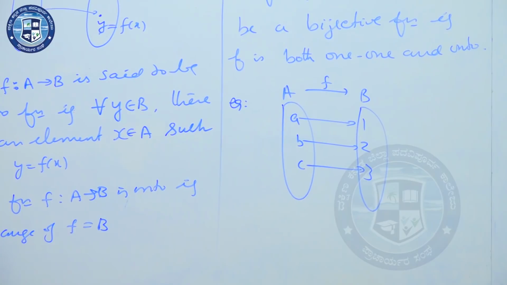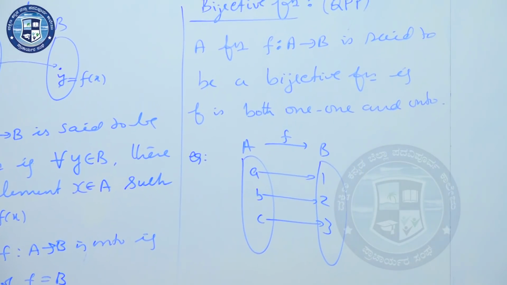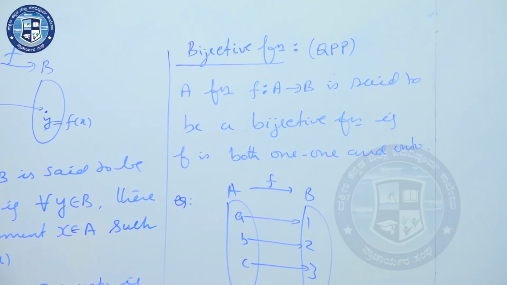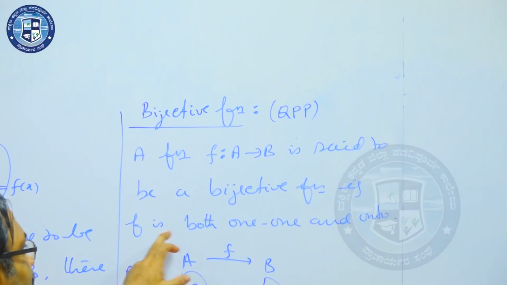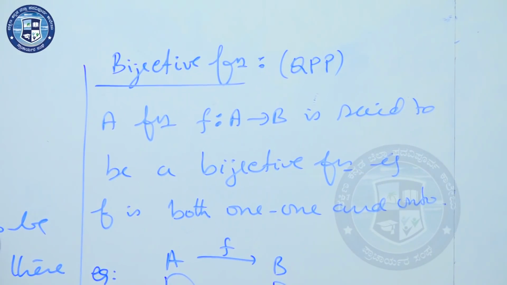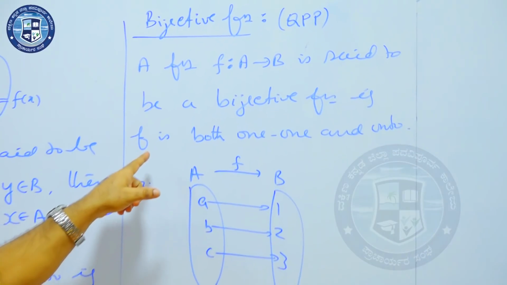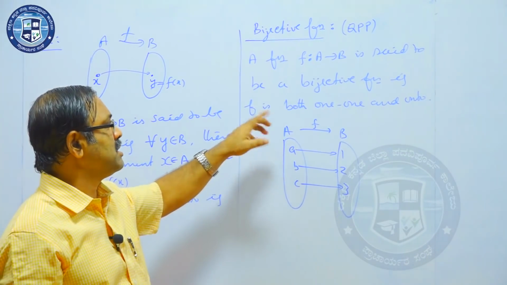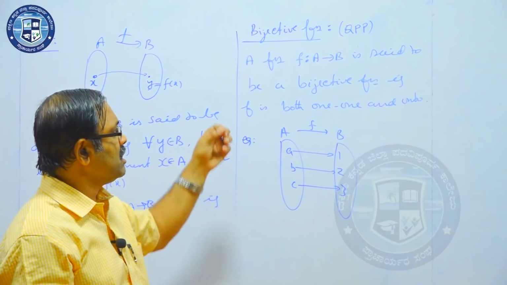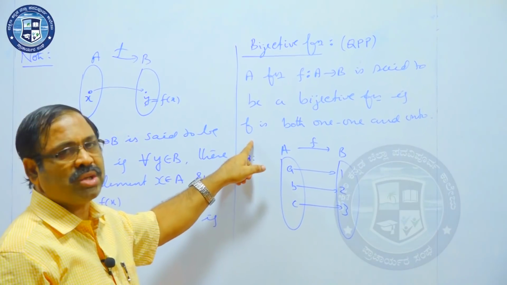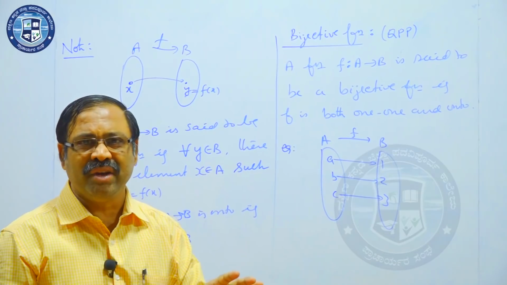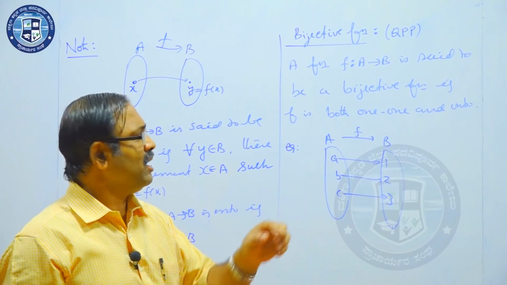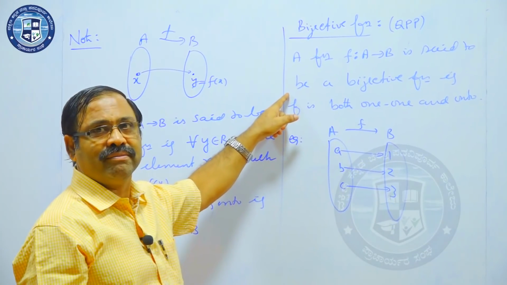So, please remember, a function f from A to B is said to be a bijective function if it is both one-to-one and onto. You have to remember this definition. Please write down the definitions once or twice, because this was asked in the question paper. When you write the definition in an examination, even a spelling mistake should not be there.